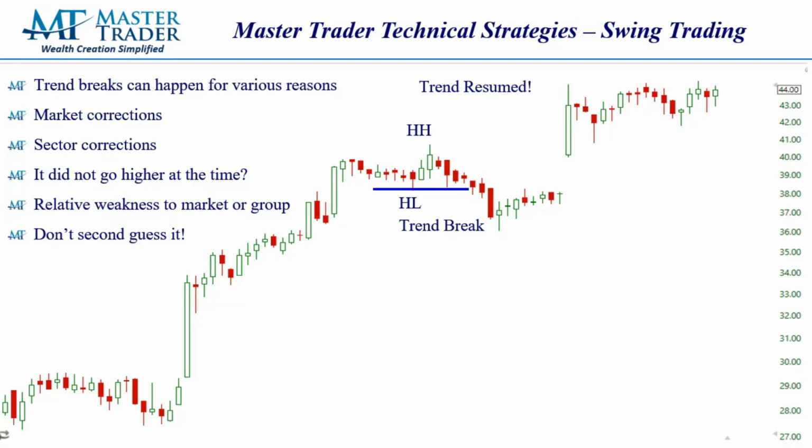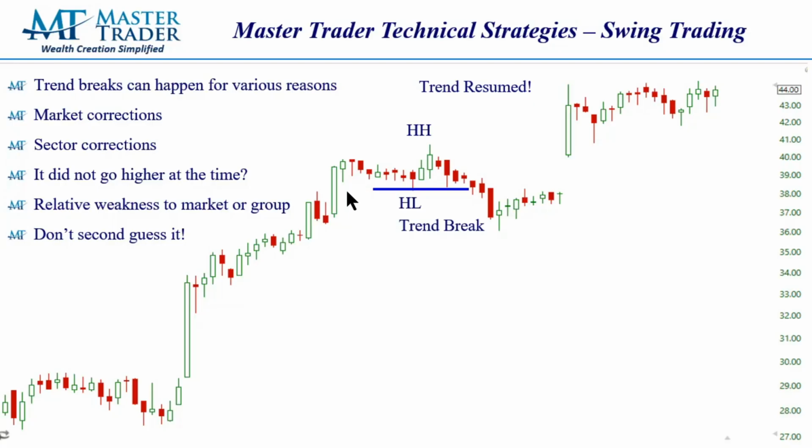So trend breaks can happen in different ways, or for different reasons. The market could have a correction and a particular stock violates its trend, or the sector has a correction and violates its trend. Now, did it not go higher at the time? Meaning, what happened after the trend break?